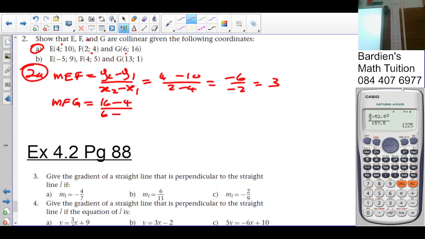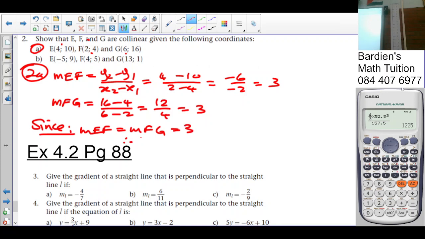If it's not in the first case, it wouldn't be in the second case. Okay, so that's going to give you 12 over 4, which is 3. So we say since the gradient of EF is equal to the gradient of FG, which is equal to 3, therefore E, F, and G are collinear. Why? The gradients are the same.